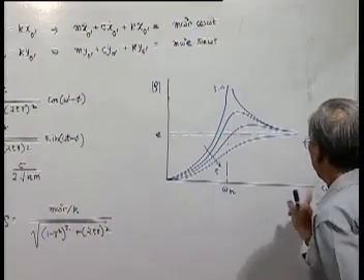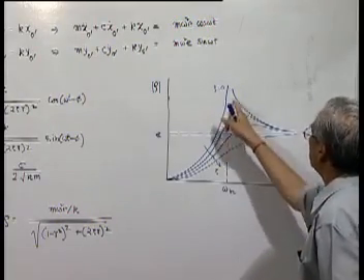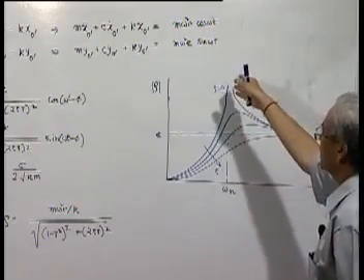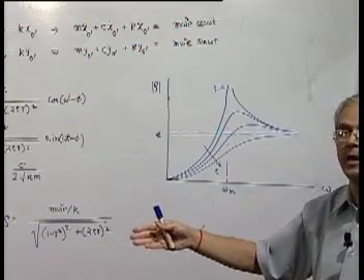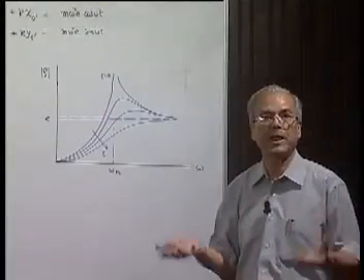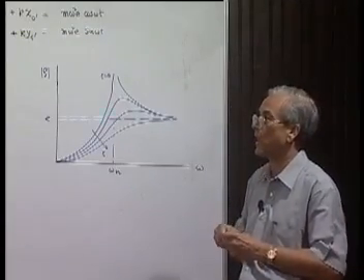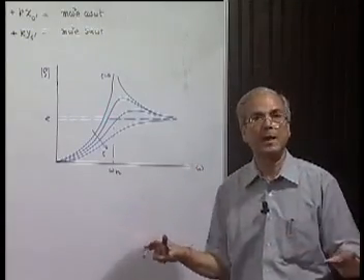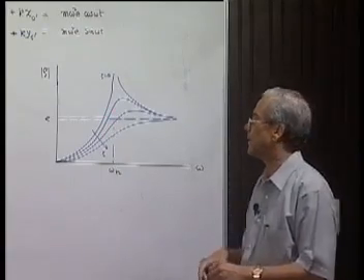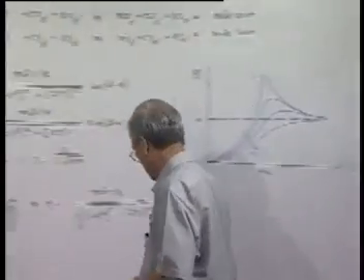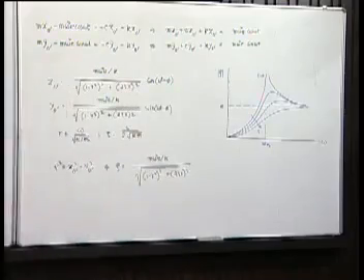However, when omega is nearer to omega n, there is a possibility that the vibration, that means the deflection of the shaft, will be very large. That means it is something like the resonance we had, and sometimes it can be so large that the shaft may be permanently damaged and bent. This phenomenon happens at omega equal to omega n.